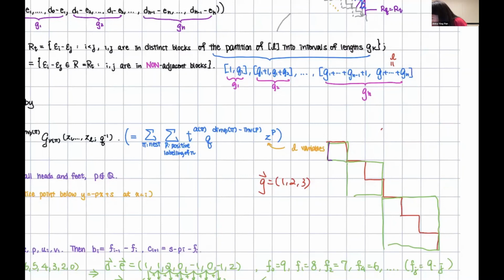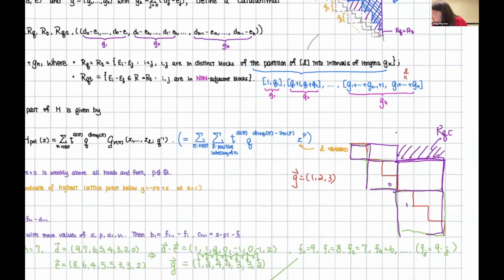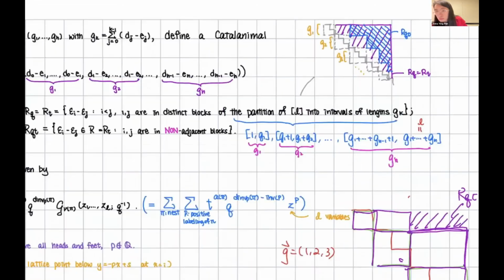So we have this guy and this guy, and then these guys are created by these two squares. So we also take it out. And these two squares here, we have this guy, right? We also take it out, and then we just have these. Then that's our RQT. Okay, so that's what this means here.